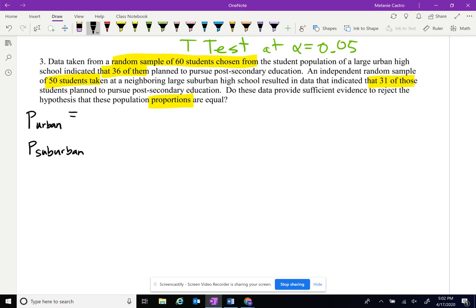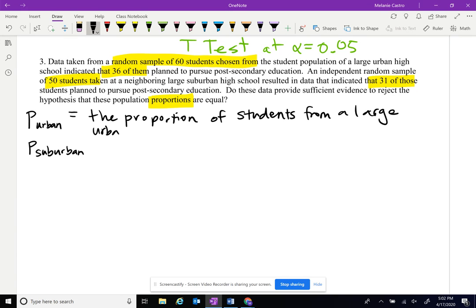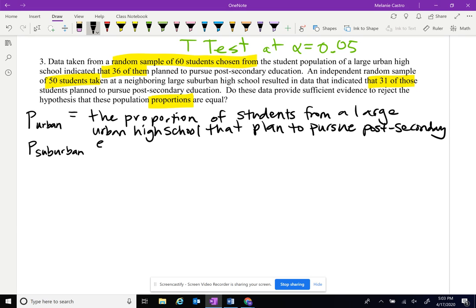So P urban is going to be, for me, the proportion of students from a large urban high school that plan to pursue post-secondary education.